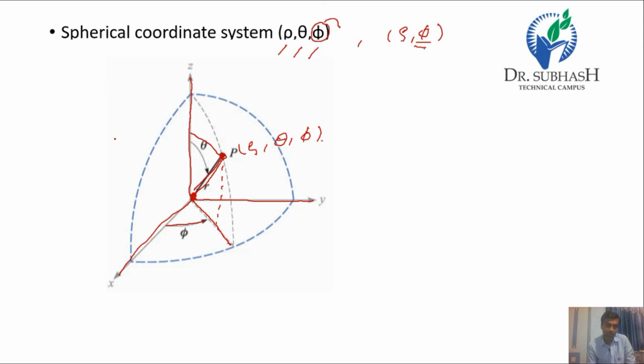Means suppose we have one point P here, then we take theta this way.